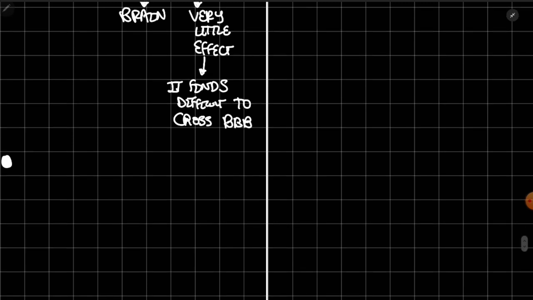Okay, so let's take another condition. Increased partial pressure of CO2 in blood.